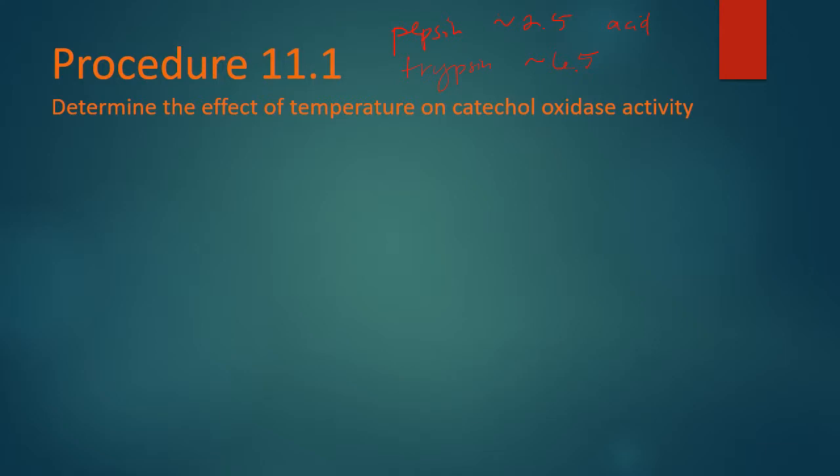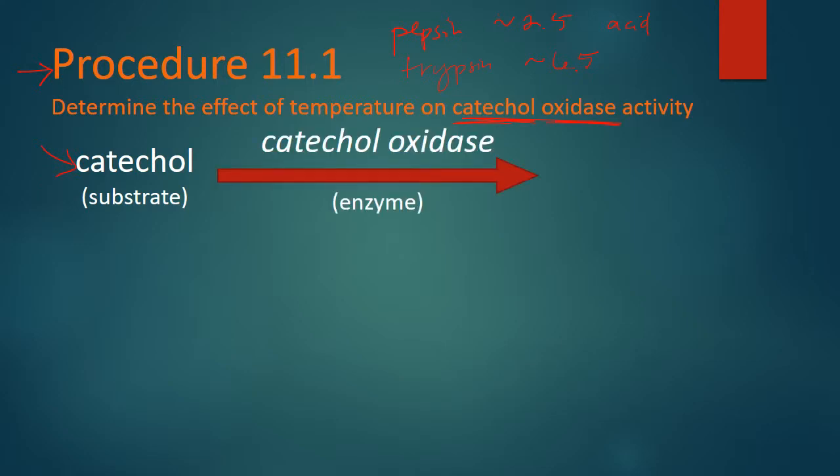So in procedure 11.1, you're going to be determining the effect of temperature on catechol oxidase activity. Catechol oxidase is an enzyme. So you're going to start with a substrate called catechol and add the catechol oxidase enzyme.